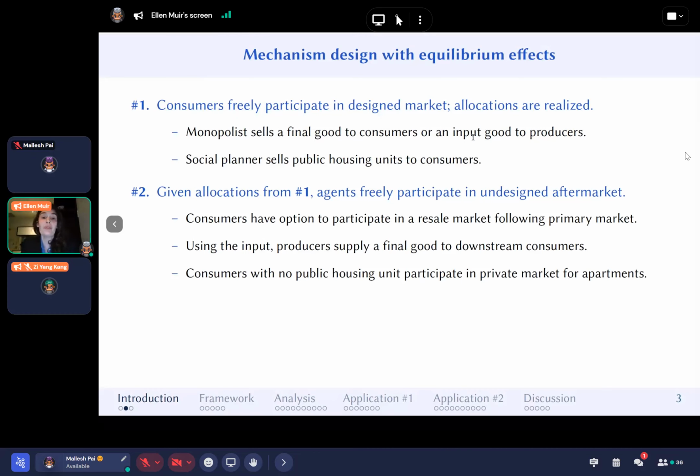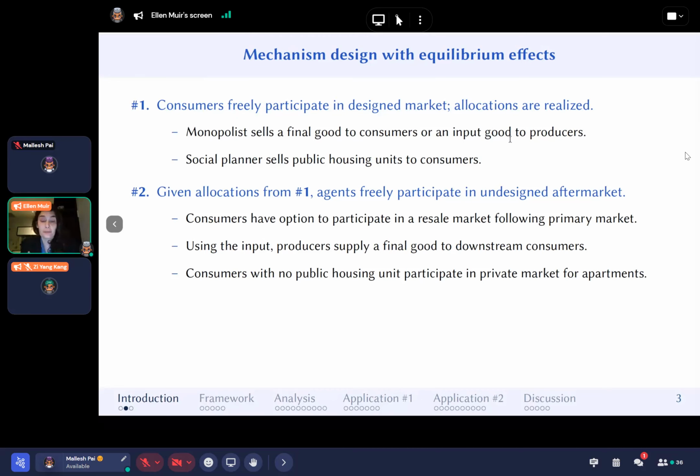Or if a monopolist has sold an input good to producers, then using this input, producers have the ability to sell a final good to downstream consumers.